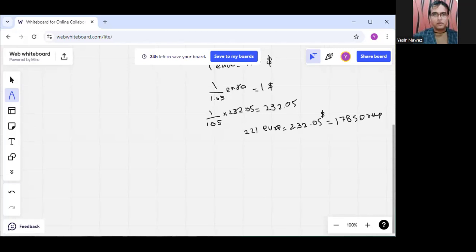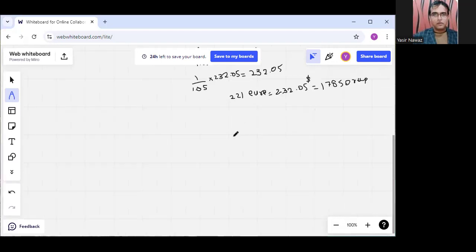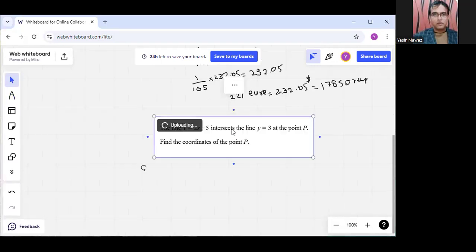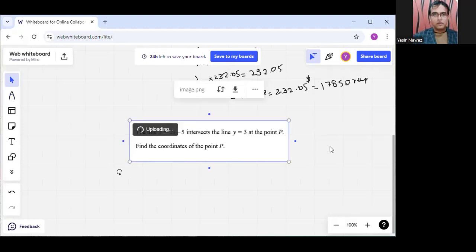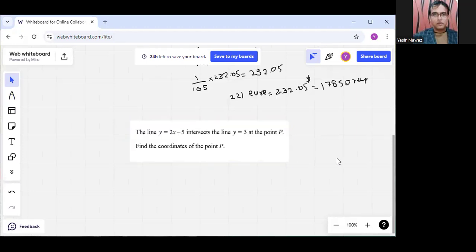I bring the next question. The next question is, the straight line y is equal to 2x minus 5.